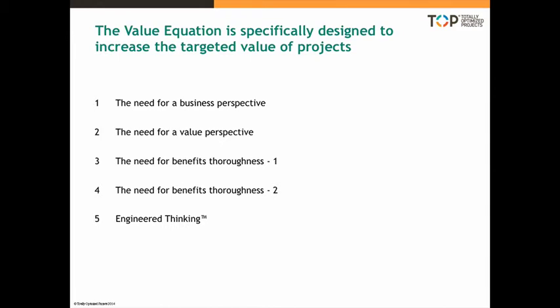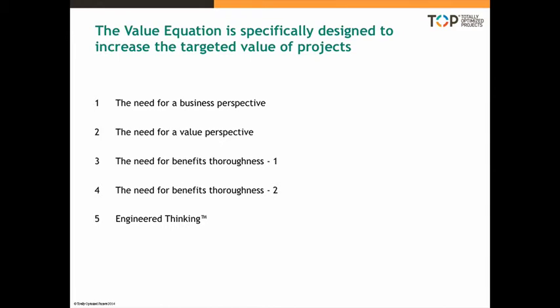The brain builds connections, so the value equation asks a series of questions specifically designed to create and extend connections in your brain, so as to go beyond the conscious into the non-conscious mind where your deep knowledge is stored. This brings out new ideas and benefits so that they can be captured.